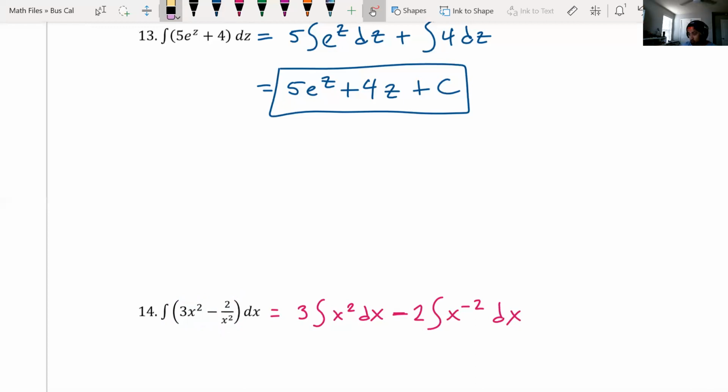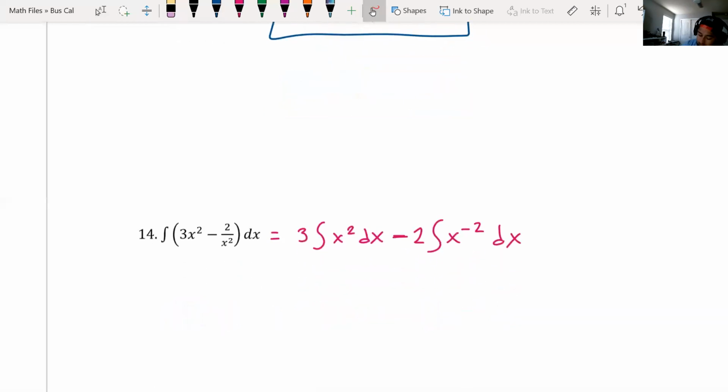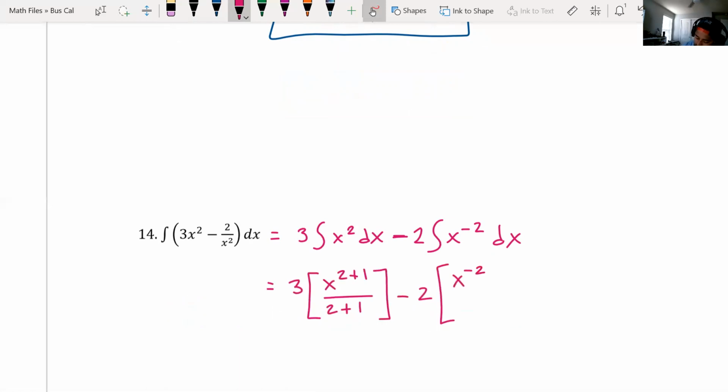Both integrals will get power rule. So we get 3 times x to the 2 plus 1 over 2 plus 1 minus 2 times x to the negative 2 plus 1 over negative 2 plus 1.